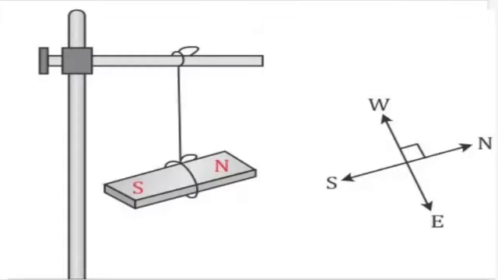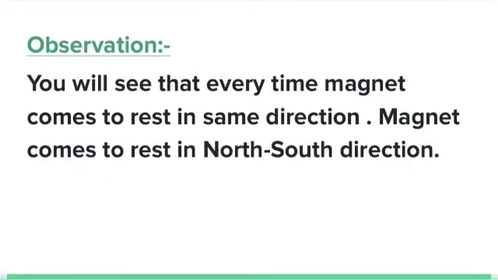As shown in this picture, take a bar magnet and suspend it from a wooden stand with the help of thread and rotate the magnet. Note the direction in which the magnet comes to rest. You will observe that every time the magnet comes to rest in the same direction.